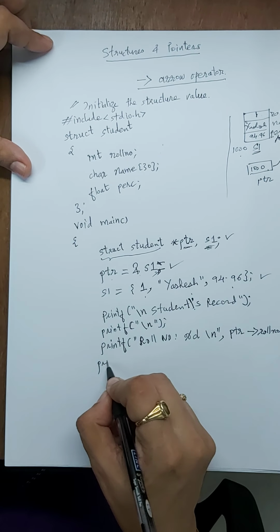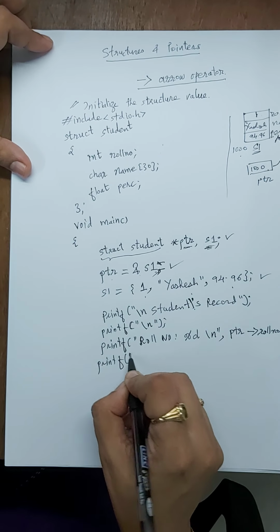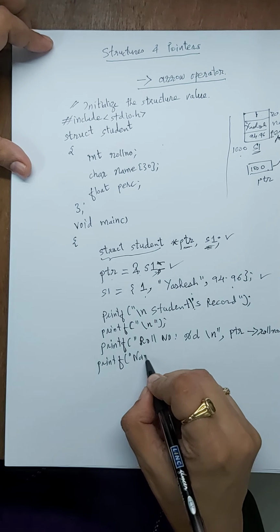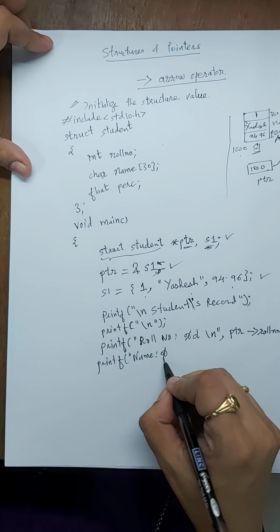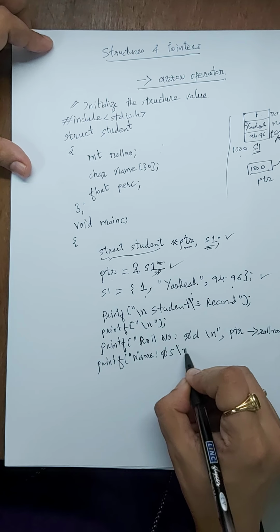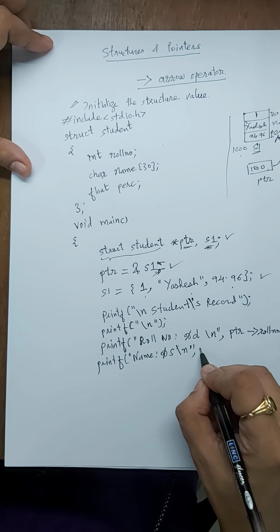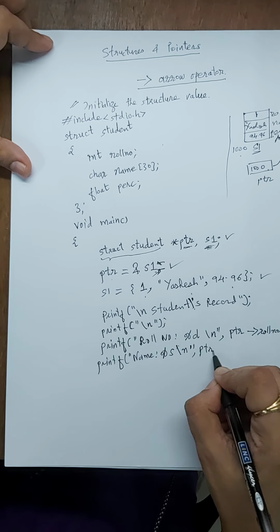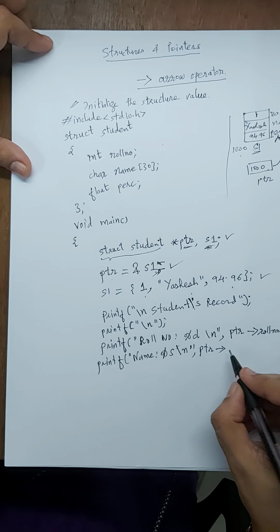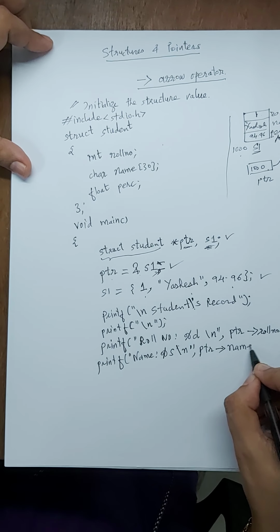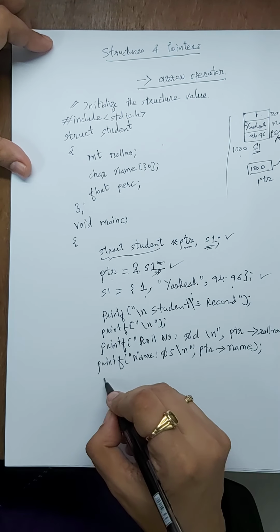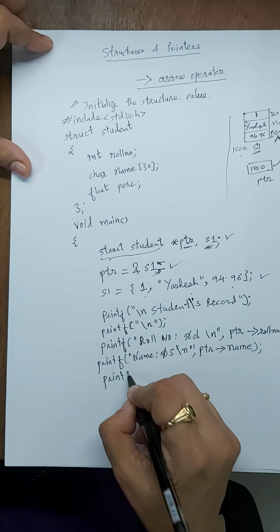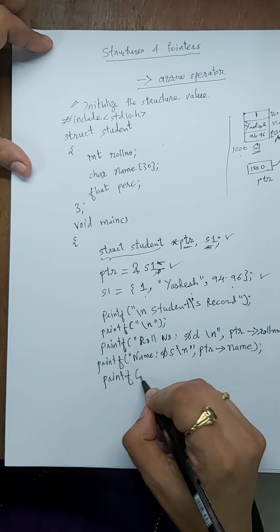Same way we can write name. So name %s new line, and then ptr, arrow, name. Same way we can write the last data, that is percentage.